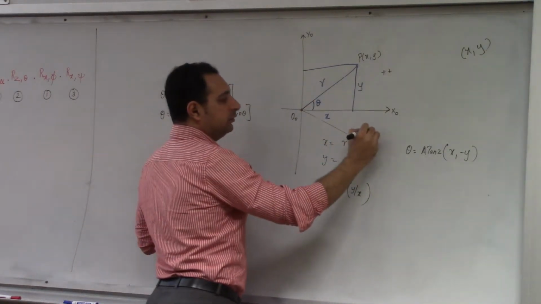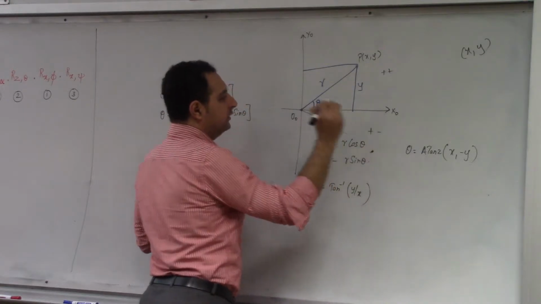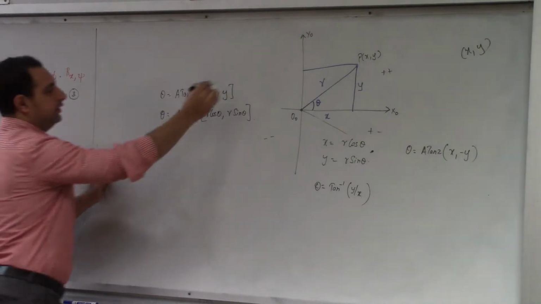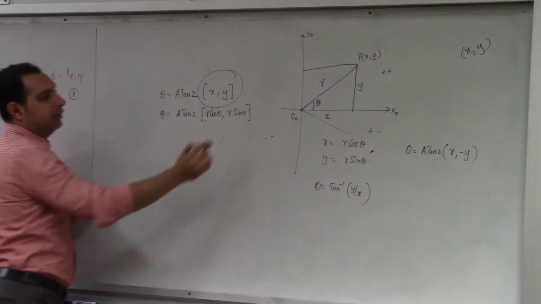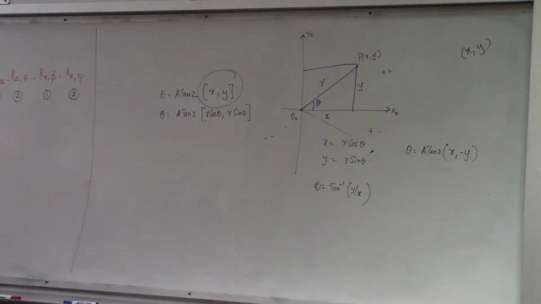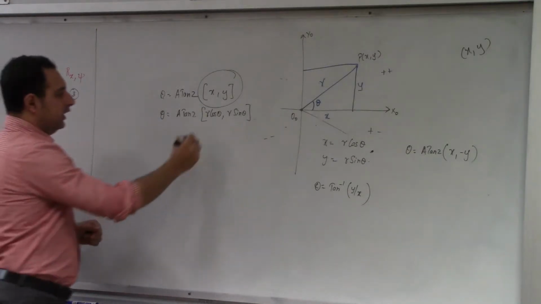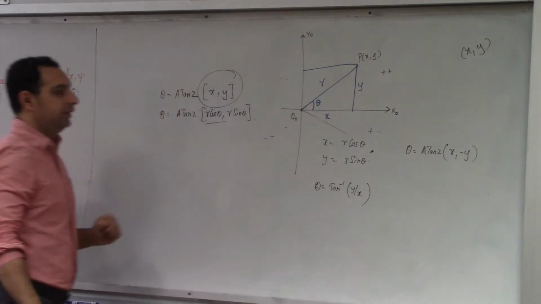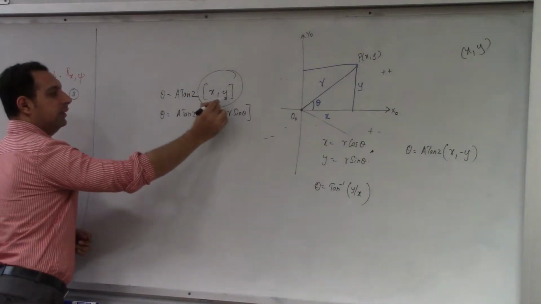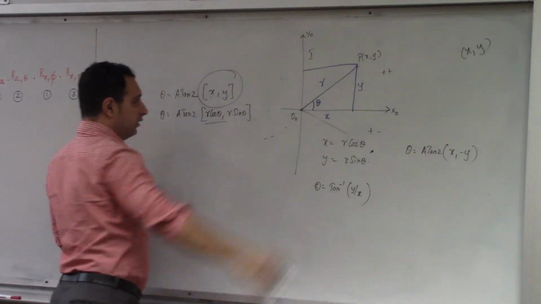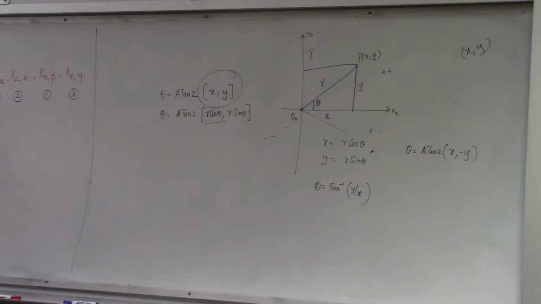In this case, x is positive, y is negative, here both are negative, and so on. So by looking at the coordinates, you can tell what the angle should be, because you know in which quadrant of the frame F0 the point is located. This will give you an idea instead of just having a ratio like this. The ratio will not tell you exactly where it is, but if you represent it as x comma y, you can tell whether it lies in the first quadrant, second quadrant, third quadrant, and so on.